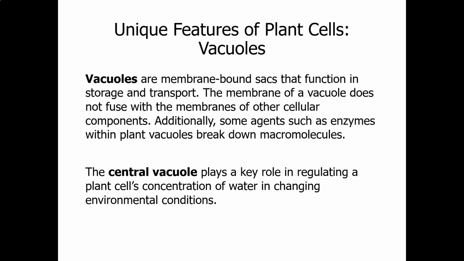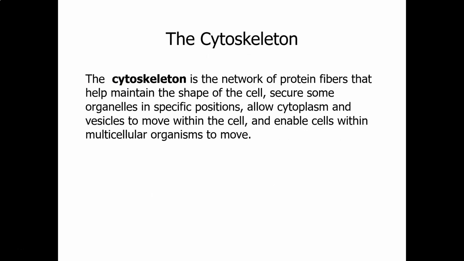They function in storage and transport. But the difference between a vacuole and a vesicle is that the vacuole cannot fuse with any other membranes. And the central vacuole in a plant is very large, and it stores water, which is a difference between plant cells and animal cells.